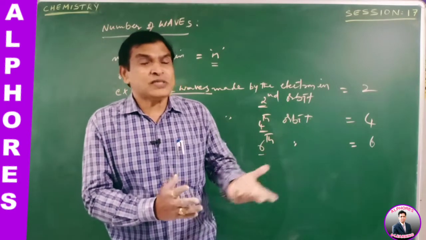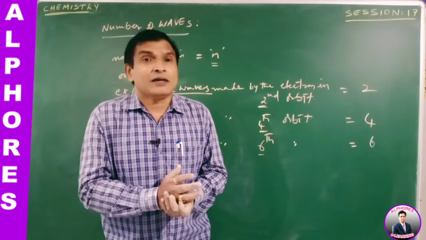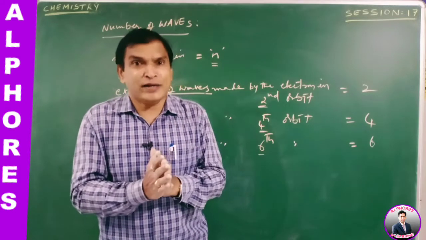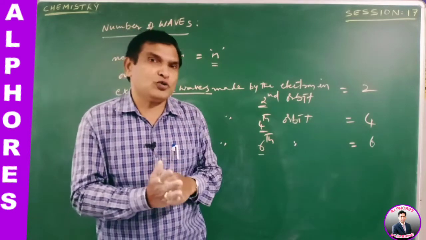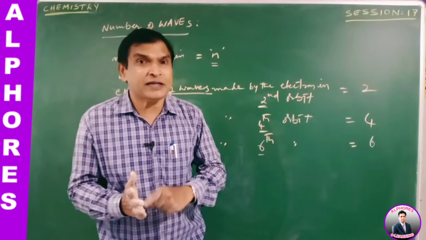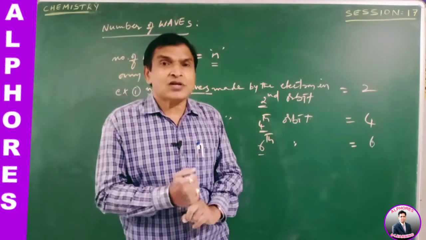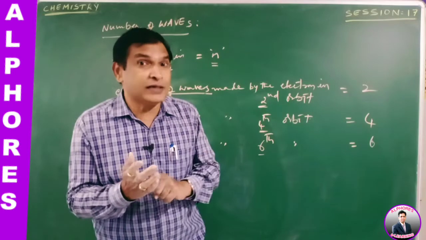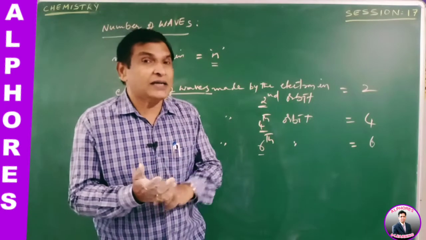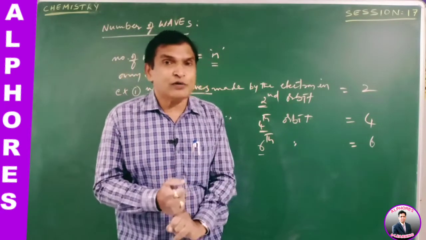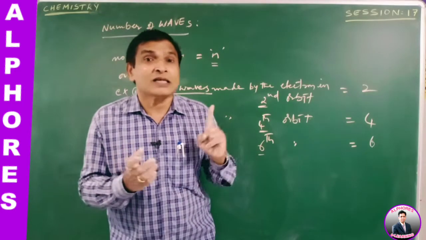Next, Bohr's theory failed to explain the fine spectrum of hydrogen. It failed to explain the splitting of spectral lines under the influence of a magnetic field, that is the Zeeman effect, and under the influence of an electric field, that is the Stark effect.